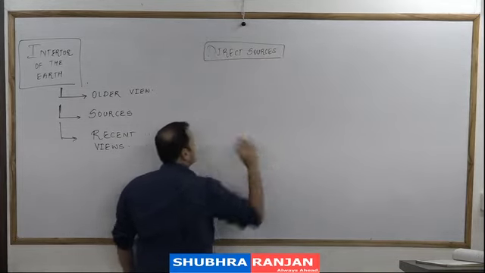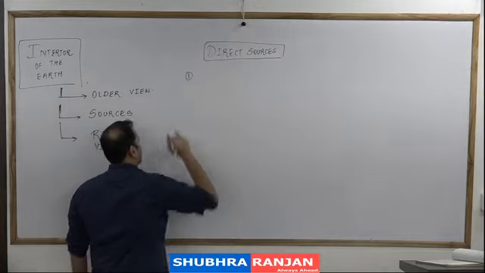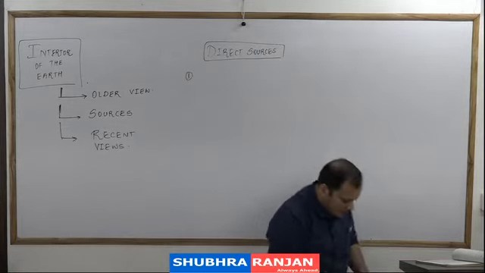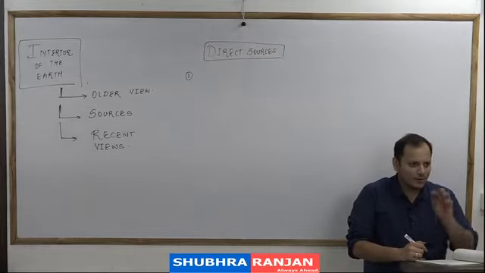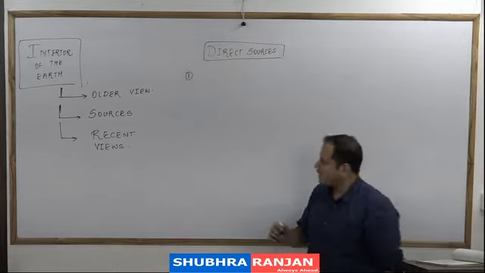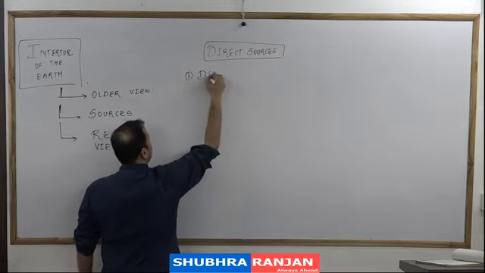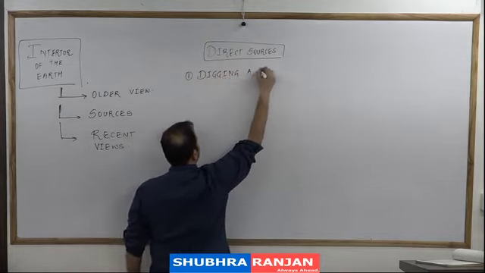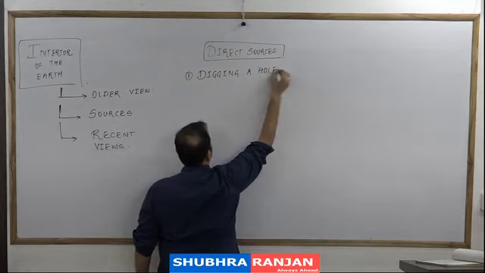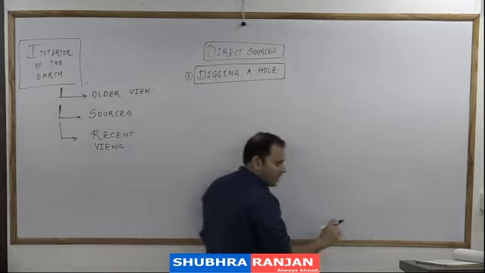Direct sources. What is the best direct source to study anything? Go and observe. So what can be the best direct source to study the interior of the earth? Digging a hole.